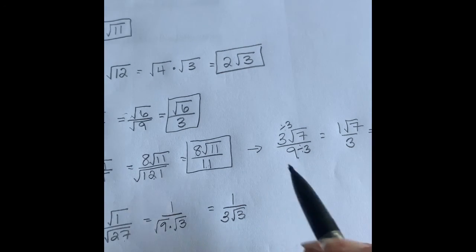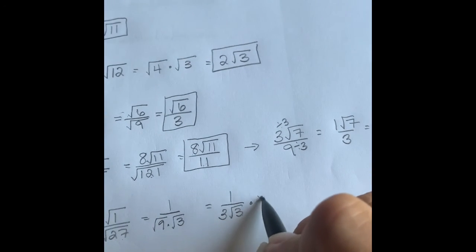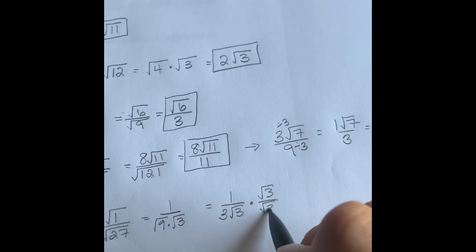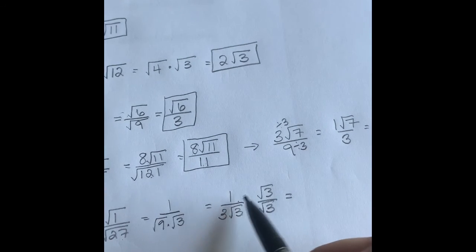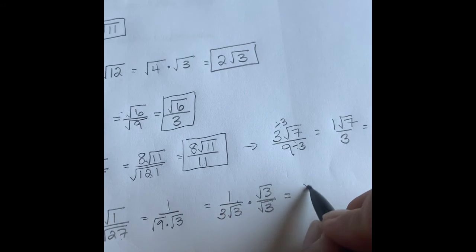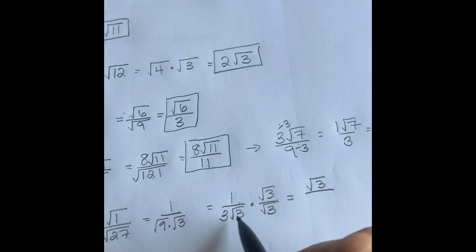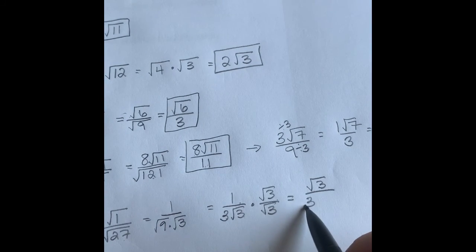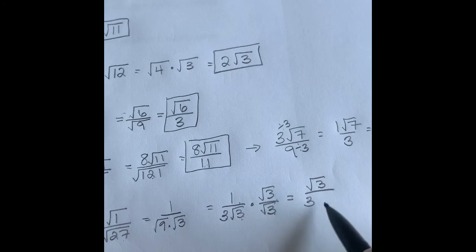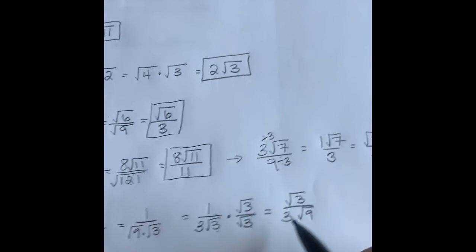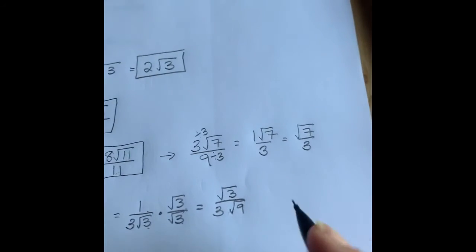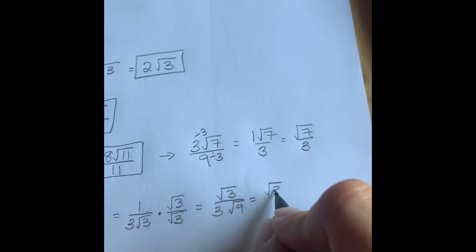So following the rules from above, we're going to have to multiply top and bottom by the square root of 3. 1 times anything is itself, so we have the square root of 3 on top. We have this 3 that we're going to carry over, and then square root of 3 times square root of 3 is the square root of 9. Carrying over that square root of 3 one more time.